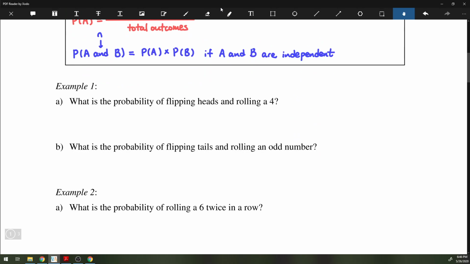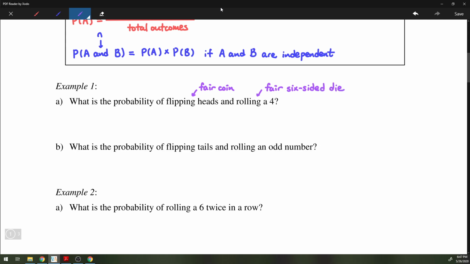Okay, so we're going to flip a fair coin and roll a fair die. As usual, if we don't specify the die, it will be six-sided. The probability of flipping heads will be 1 out of 2, and the probability of rolling a 4 will be 1 out of 6.